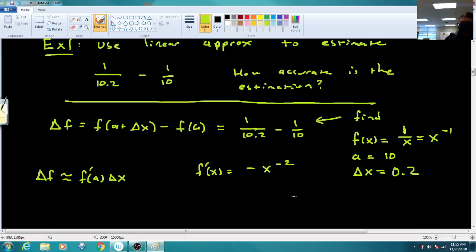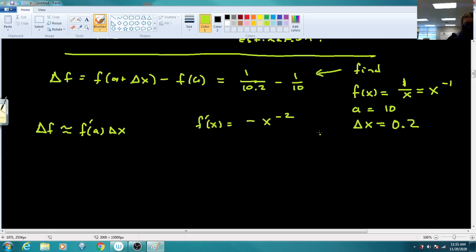And we're going to say, all right, delta f is f prime of a times delta x. So this will be negative, a is 10, to the negative second power, and then that's multiplied by delta x, which is 0.2. And that will get us our approximation to delta f.